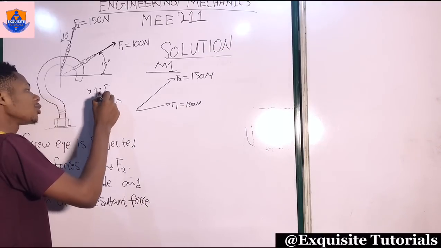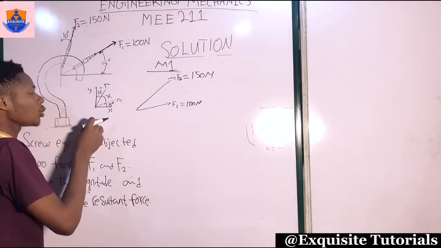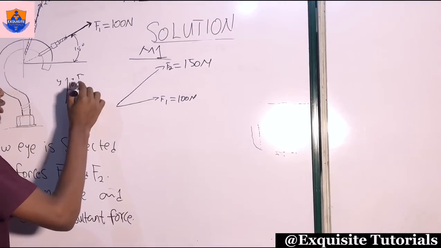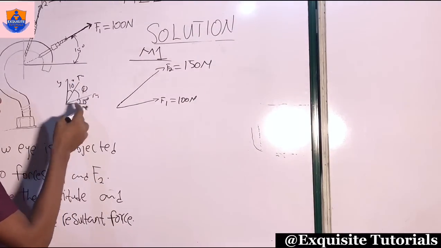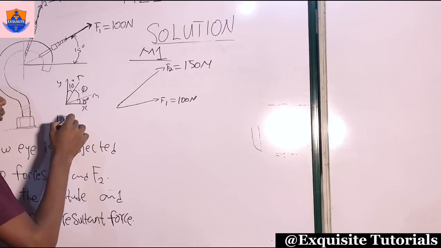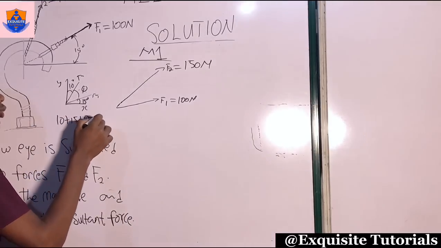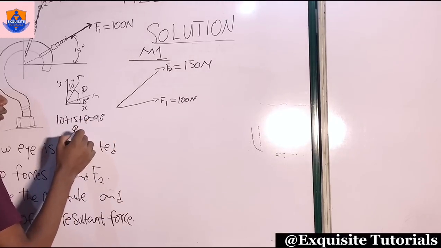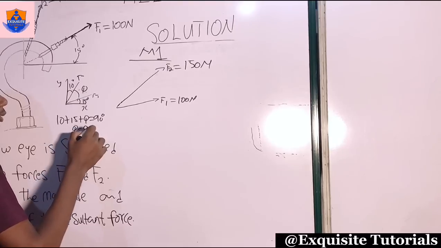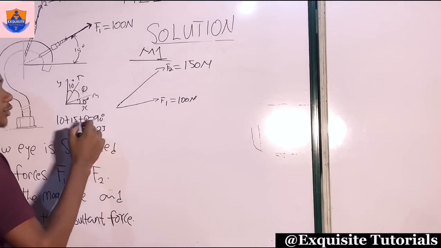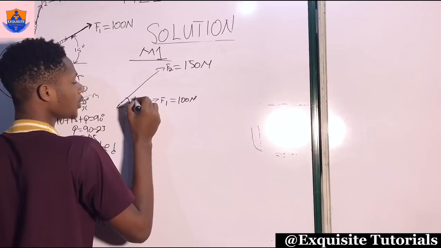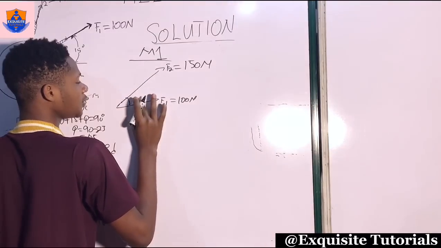To get this angle, which I will call angle Q, when I sum these three angles I'm going to get 90 degrees. So 10 plus 15 plus Q is equal to 90 degrees. That will give us Q as 90 minus 25, which is 65 degrees. So the angle between these two vectors is 65 degrees.